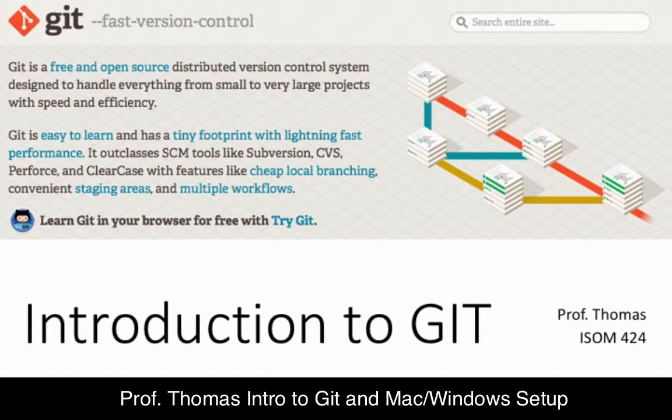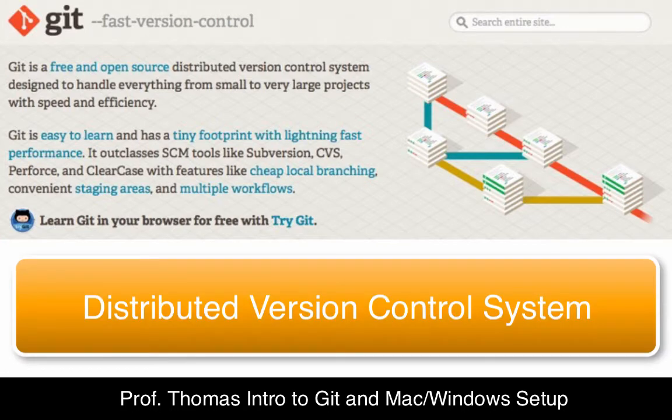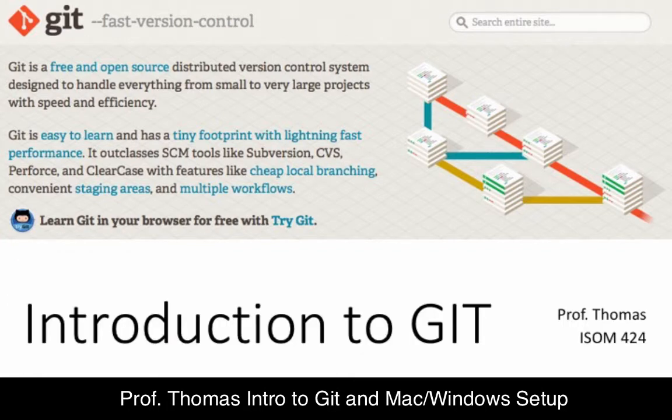Now, as it says here, it's free and open source, and it's a distributed version control system. So that's actually very important. You'll notice down below, too, that they say it outclasses other version control systems including Subversion, CVS, Perforce, ClearCase.